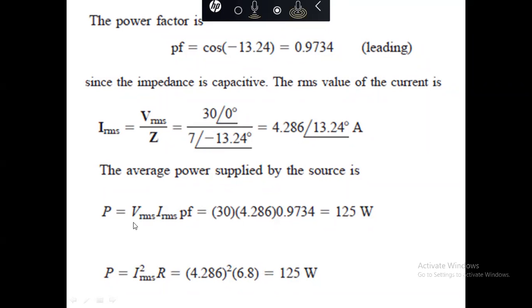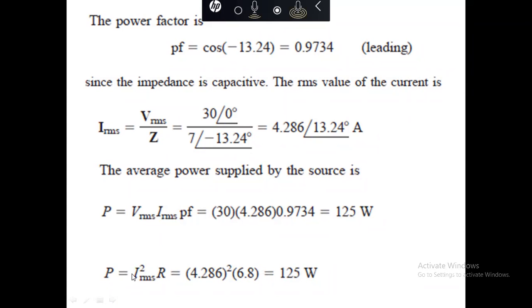Now we calculate the average power supplied by the source in two ways. Either calculate the real power supplied to the network by multiplying VRMS, IRMS with the power factor. So we multiply 30 with the IRMS and the power factor of the network, that is 125 watt.